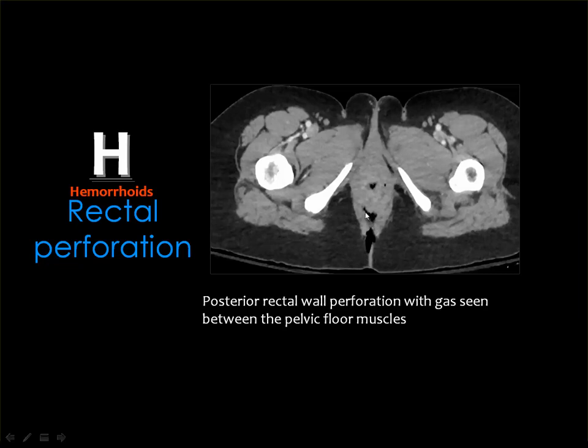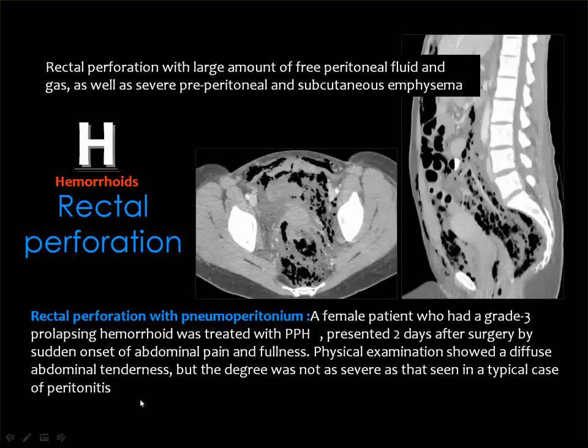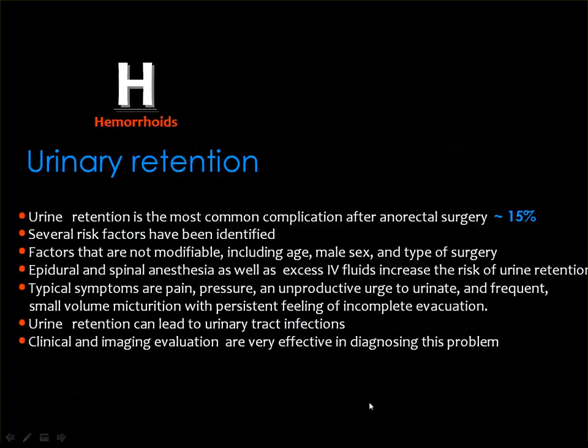Actually, you may think that this is secondary to an infection and the presence of abscess formation, and this should be guarded carefully to assess the possibility of perforation. But this is clear evidence of perforation after hemorrhoid surgery, and you got extensive air in the retroperitoneum and intraperitoneum 2 days after surgery.